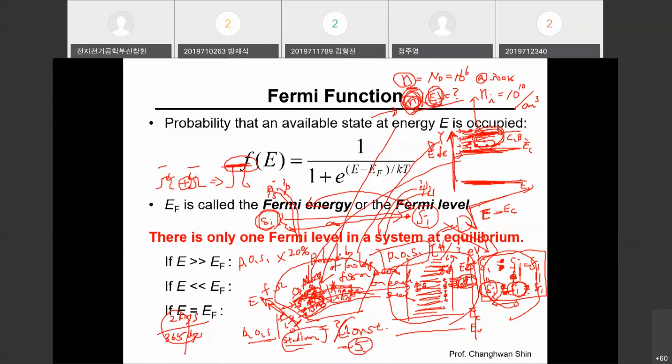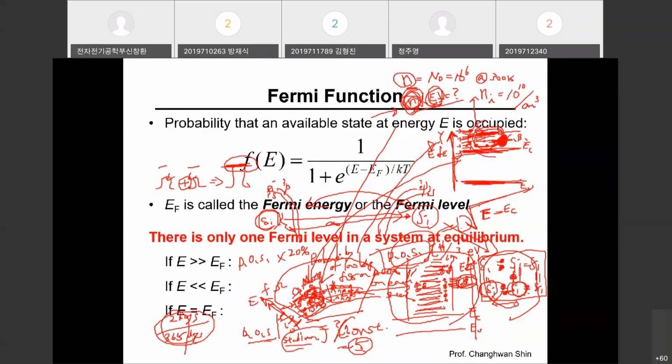Now let's go back to the energy states in the conduction band. We know the chairs in the conduction band are distributed following the density of states. And the question is, at each energy state, what is the probability of finding an electron? Going back to the baseball stadium, we can use a CCTV camera to estimate the probability of each chair.